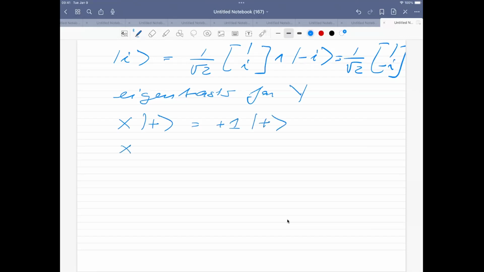If I act with X on minus, that is simply minus 1 times minus. And I can do the same on Y.